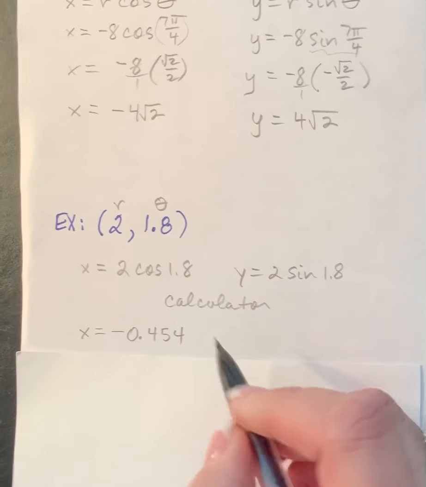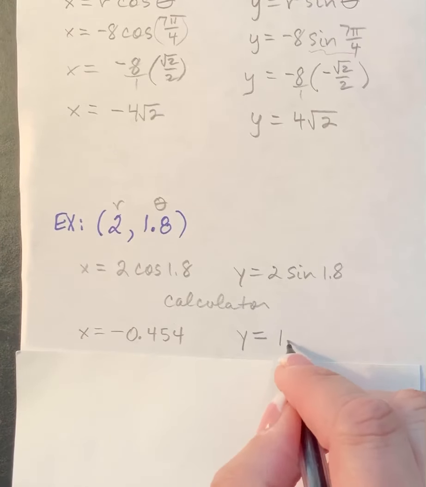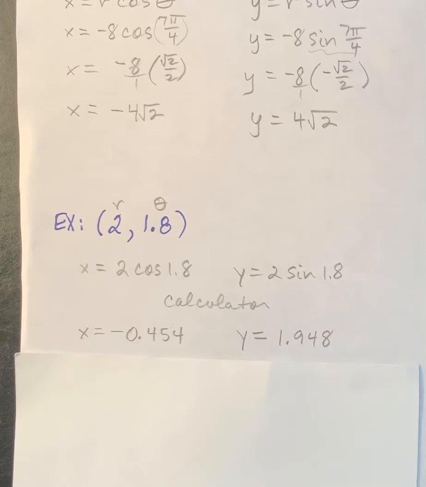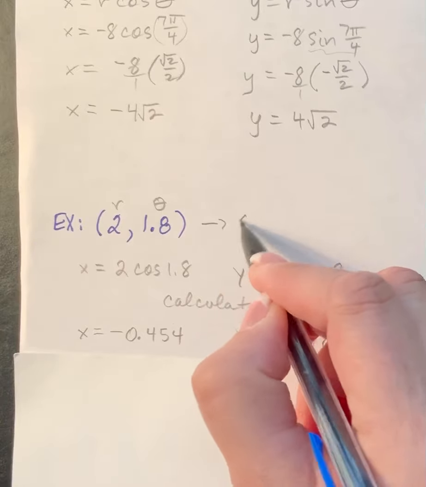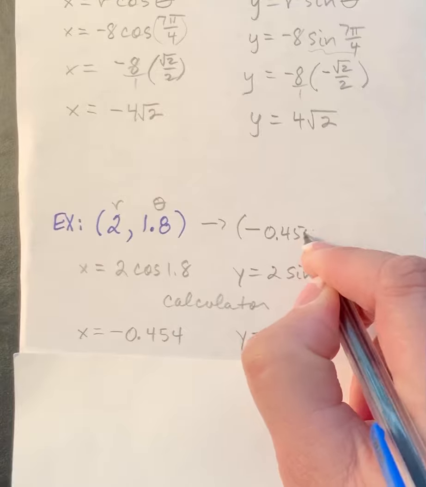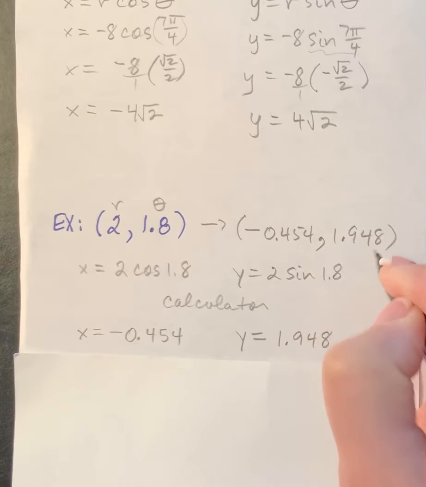I'll just go to 3 decimal places. And then y, 2 times the sine of 1.8, that would give you +1.948. Okay, so in rectangular coordinates, then this point is -0.454, comma 1.948, and that would be the answer.